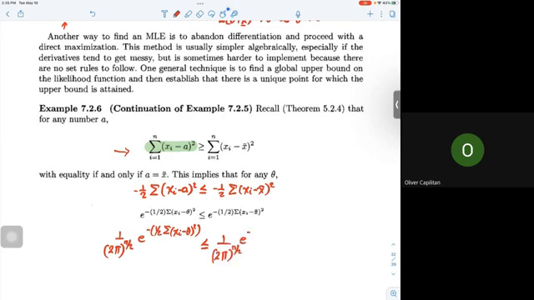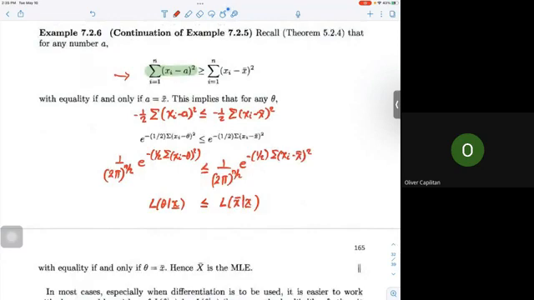So e to the negative 1/2, then we have the summation of x sub i minus x bar quantity squared. So this would mean that the likelihood function of theta given x is less than or equal to the likelihood function of theta hat.